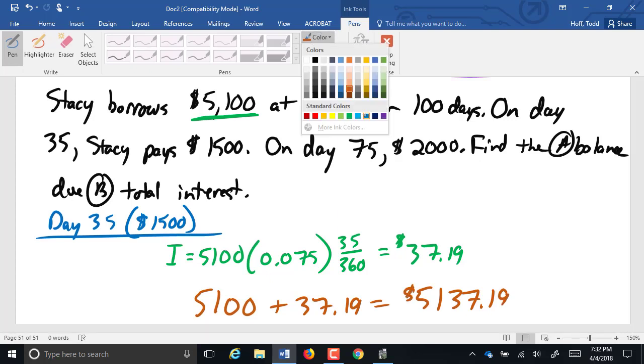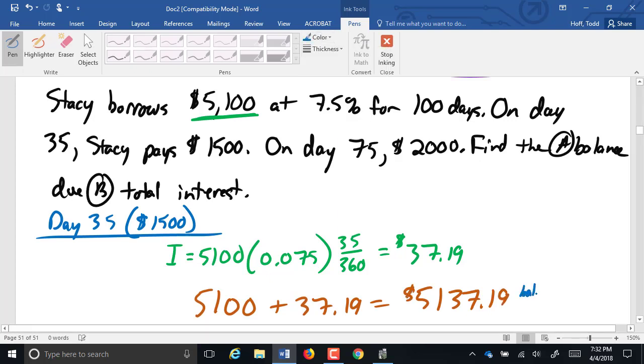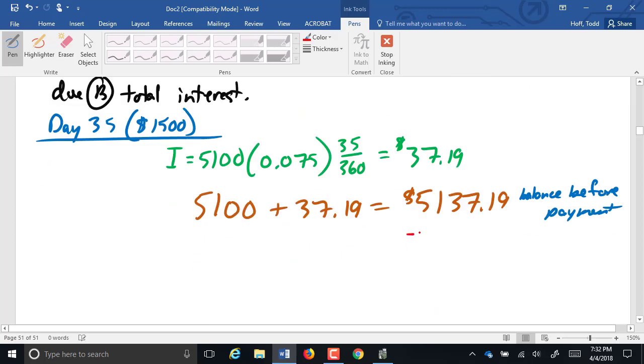That is the balance before the payment. Then what do we do? Subtract the $1,500 payment. $3,637.19 is the balance after payment.